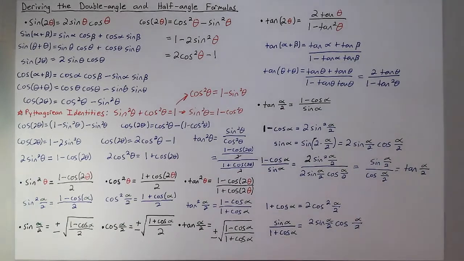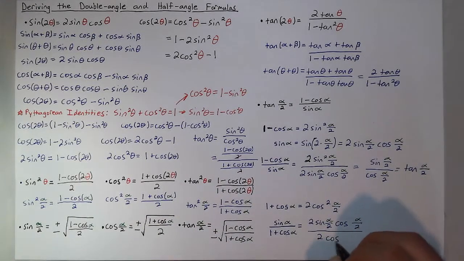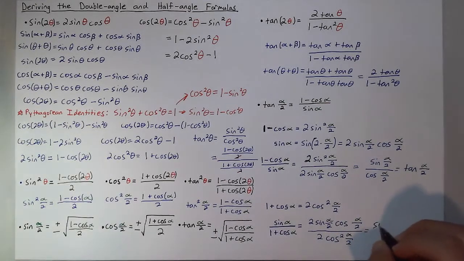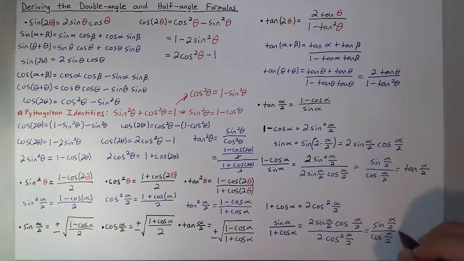And this will be all over 1 plus cosine of alpha, which I just derived from that little formula here, as 2 cosine squared of alpha over 2. So now the cosine of alpha over 2 will cancel, as well as the 2's, but only one of them in the denominator will cancel, leaving me with, again, sine of alpha over 2 over cosine of alpha over 2, which, again, using that quotient identity, gives me tangent of alpha over 2.